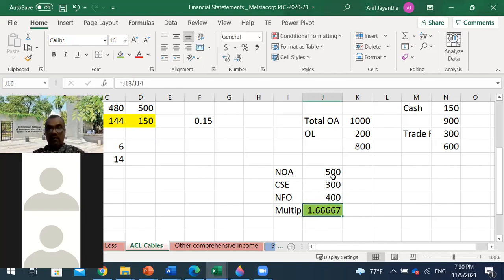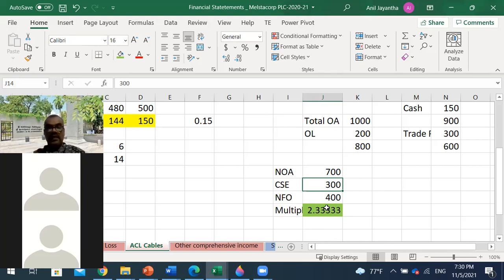If you borrow another 200, what happened? This becomes 700. And what happened to this multiplier? What happened? Increase. Quickly increase. So that is the meaning.